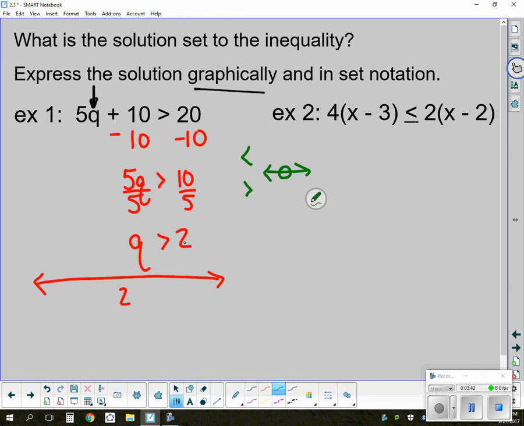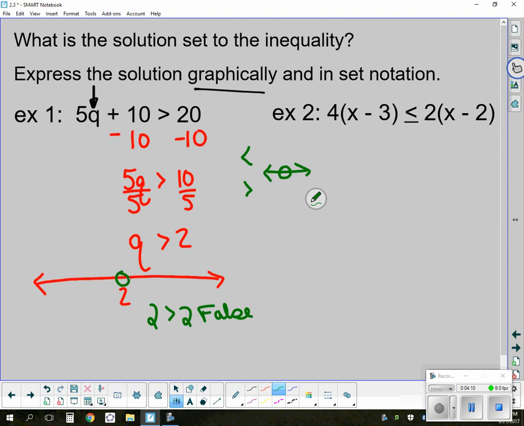So for this problem, we use 2 because that's the number in our solution, but we don't want to include 2. 2 is not greater than 2. So if we plugged exactly 2 in, we get a false statement. So 2 cannot be a solution. But every number greater than 2, even if it's just the tiniest little bit greater than 2, like 2.00000000001, that is greater than 2, so that would fit.